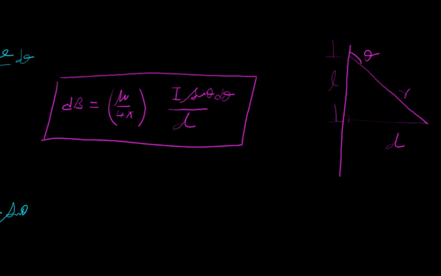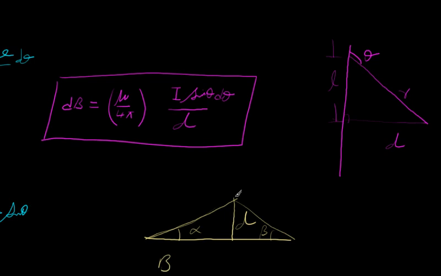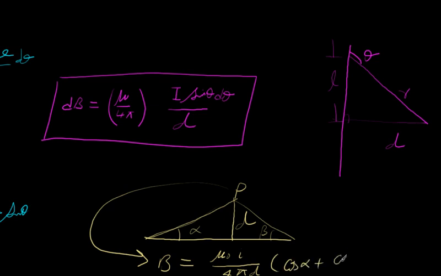The very famous formula derived from here is this: if we have an infinite wire, and from distance D you want to find the magnetic field, and it makes angle alpha from this end and beta from this end, then the magnetic field at point P will be equal to mu naught I by 4 pi D times (cos alpha plus cos beta).